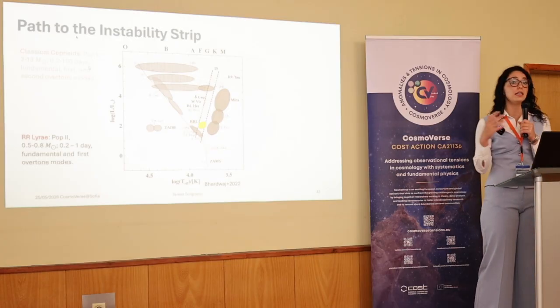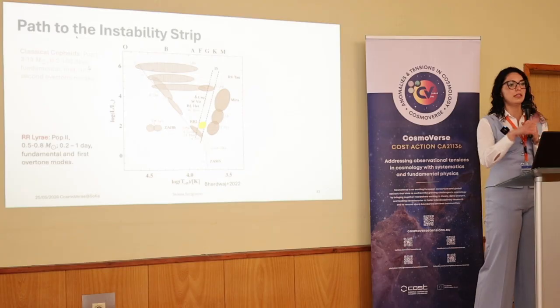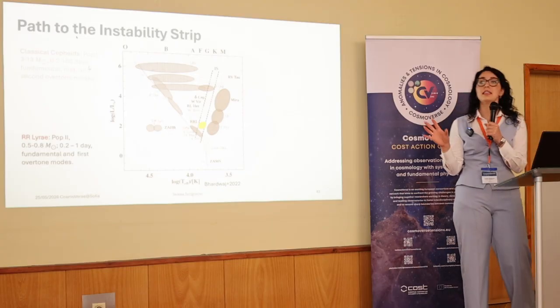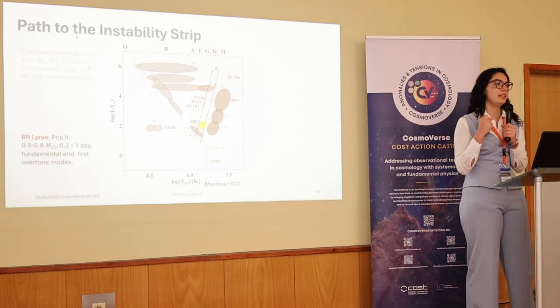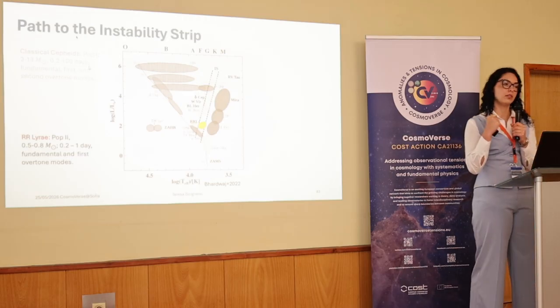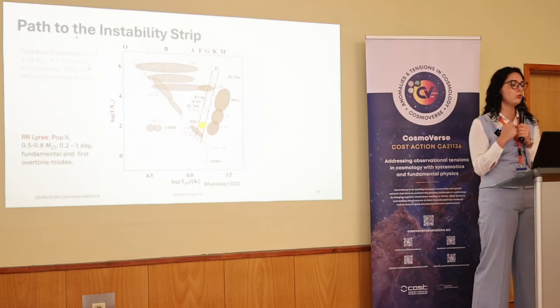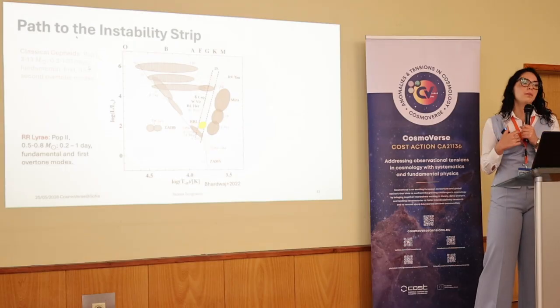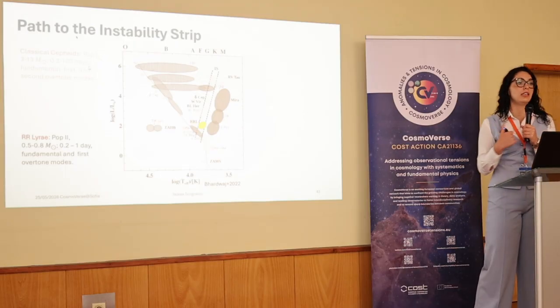RR Lyrae can be found in the outskirts, and they will suffer less from reddening, extinction and crowding.